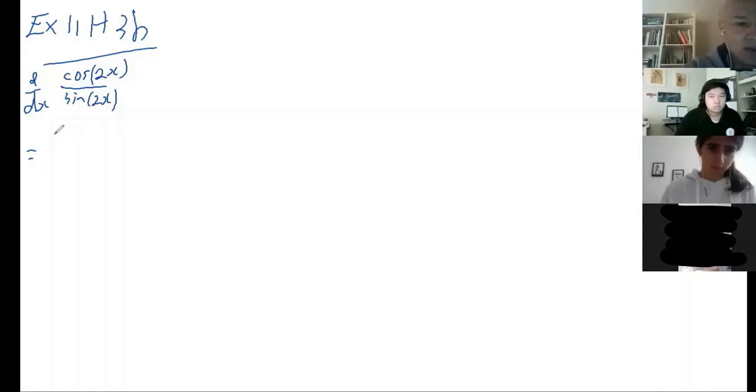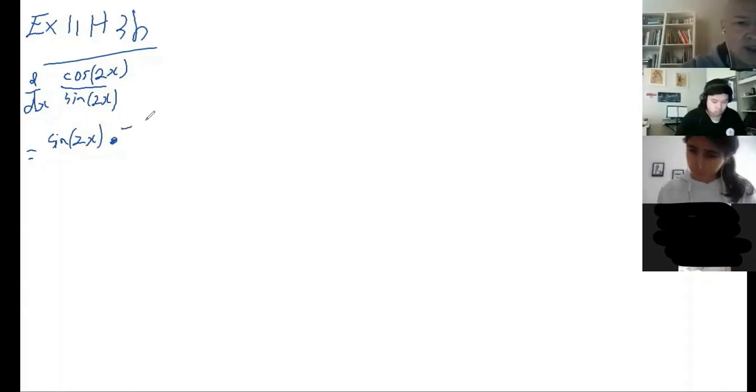So let's differentiate this one. Leave the denominator, so sine 2x, times differentiate the numerator. So the derivative of cos is negative, and differentiating the 2x gives 2. No, I did that wrong.